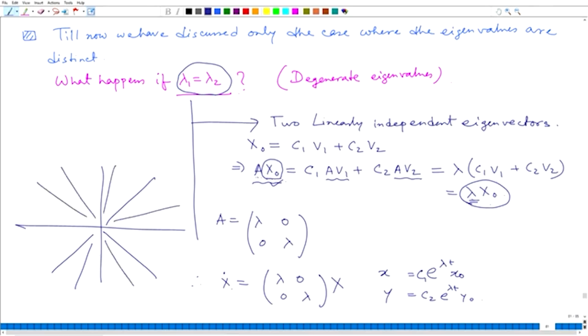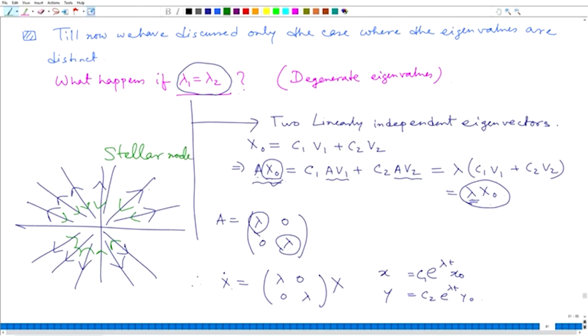You remember, and depending on the value of lambda, actually it can be outward, or inward, and this is known as the case of stellar node, a repeller.